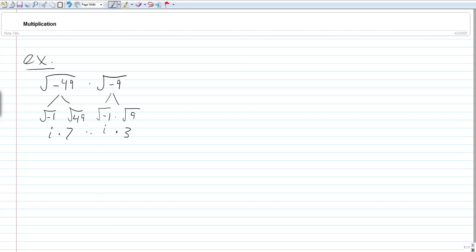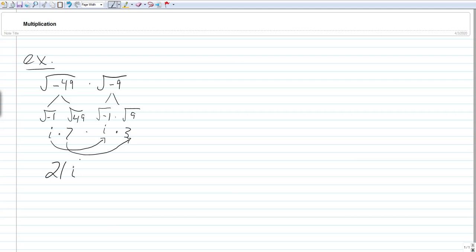And so all of these are really multiplied by each other. You have i times 7 times another i, times 3. And so that would leave you with, when you multiply 7 times 3, 21. And you can multiply i times i. Just like with variables, you would add exponents.